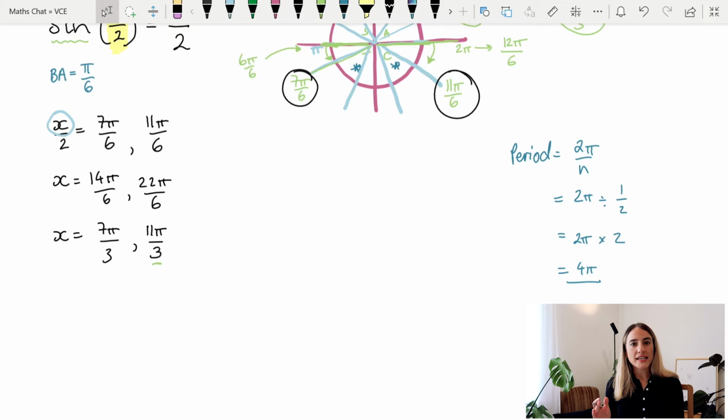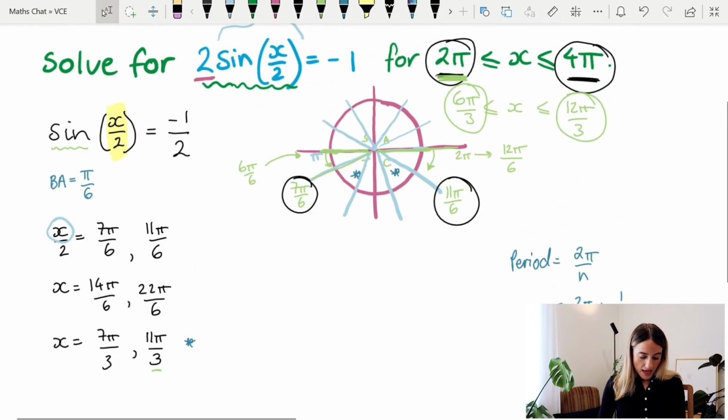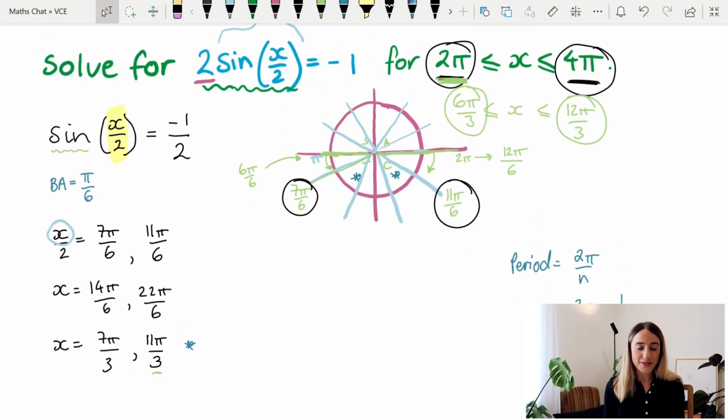So that means that if I had an extended domain, or these values did not fit in the domain, it may mean that I need to go the next cycle around, which in that case, I'm just adding 4 pi onto each of those individual x values to see that they fit. Now, that is how we solve for x in circular functions.